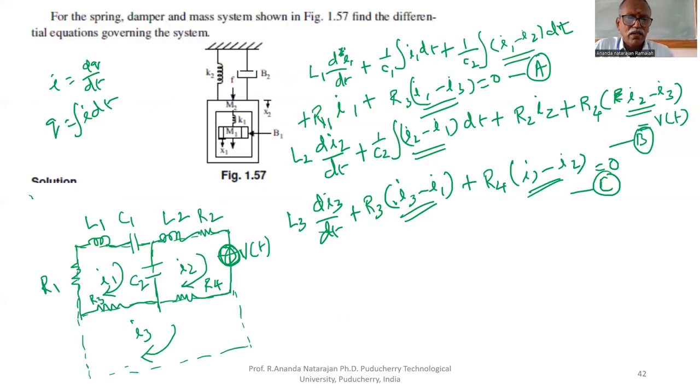Okay, this is the capacitor. L3 is in the third loop only, so we can draw L3 here. R3 is between the third loop and first loop, already drawn. R4 is between the second loop and third loop. That's all.